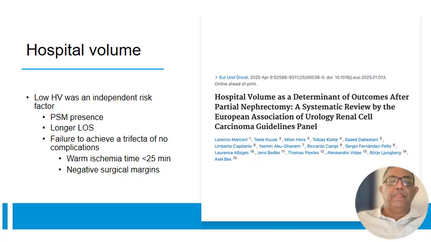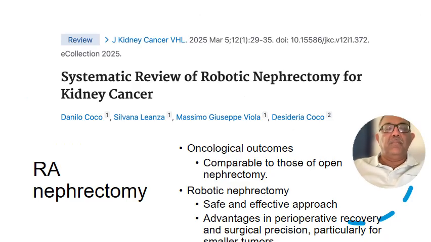Now, hospital volume is a component in decreasing the risk of complications after nephrectomy, as indicated by this report, in which they've shown that the surgical volume of the hospital has a positive impact.